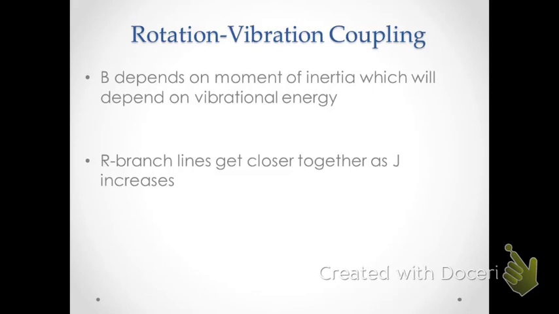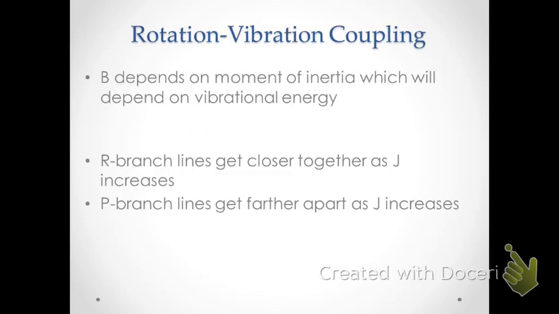As a result, the R branch lines get closer together as the J transition increases, as we go to higher frequencies, and the P branch lines get farther apart as J increases, meaning as we go to lower frequencies, which is what we observed on the last slide.